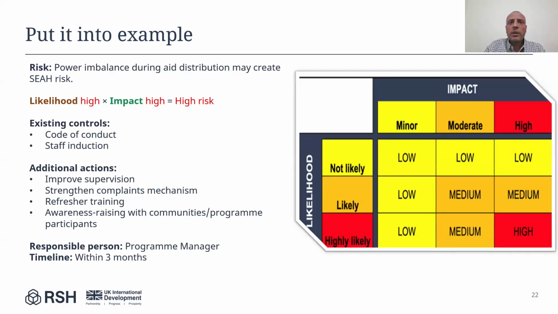Responsibility and timeline, as you see, are also assigned, making it clear who will implement each action and by when. This is a simple example to demonstrate how the tool moves from identifying risks to managing them effectively.